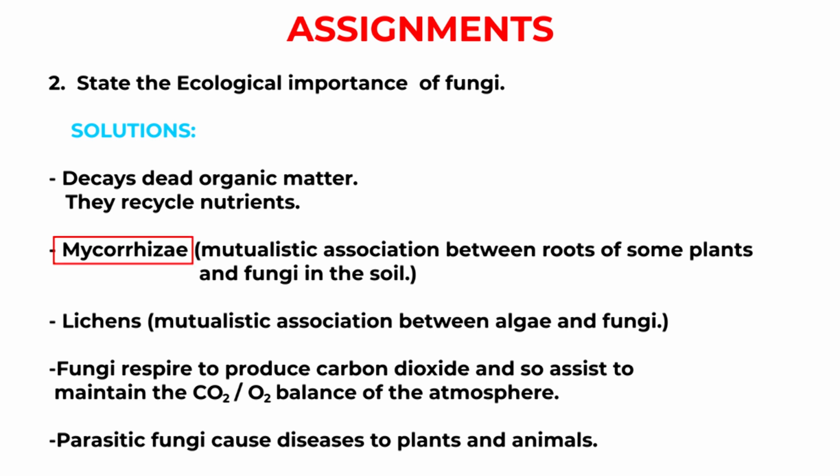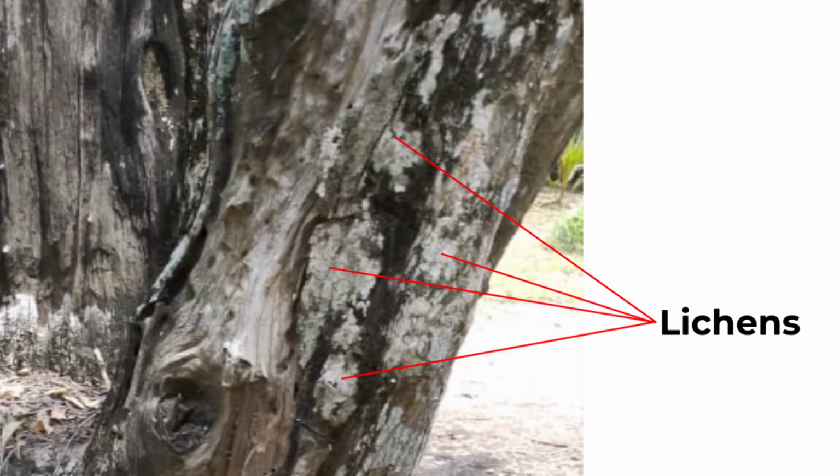Alright? Then, in some cases too, there is what we called mutualistic association between algae and fungi. It's known as lichens. You see all these structures on the back of the plants? They are lichens. They are really algae and fungi together.